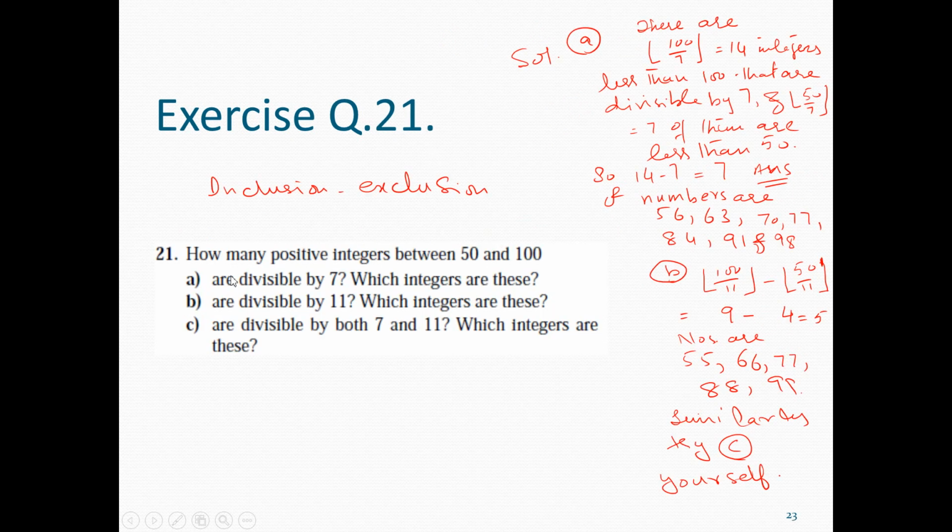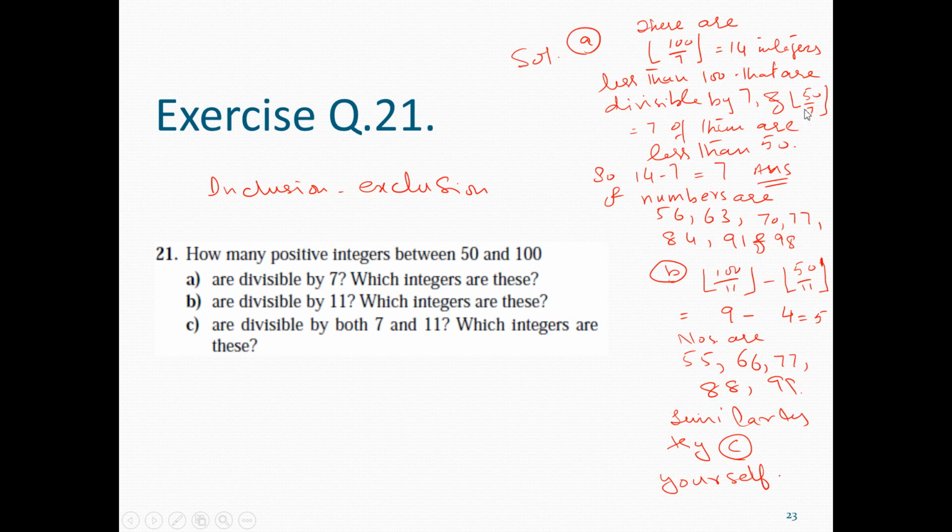Question number 21. How many positive integers between 50 and 100 are divisible by 7? Write the integers as well. The floor of 100 over 7 is 14, so there are 14 integers less than 100 that are divisible by 7.